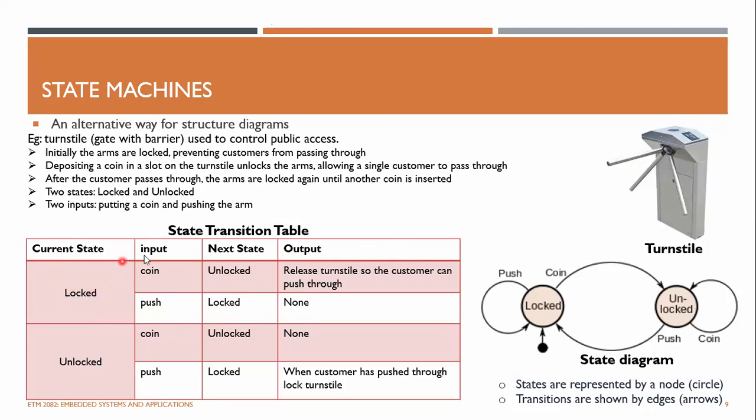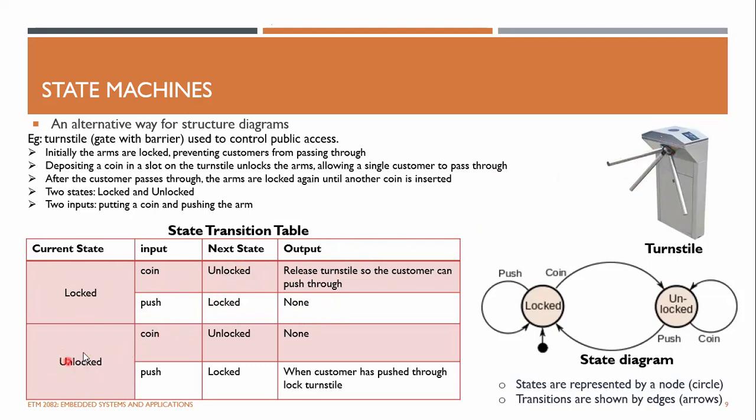When it is locked and a coin is added, the next state will be unlocked, which means your output is open. And when it is locked and no one puts a coin and someone pushes it, the next state will again be the locked state. Nothing will happen to the output, because without a coin, when someone tries to push, nothing should happen.